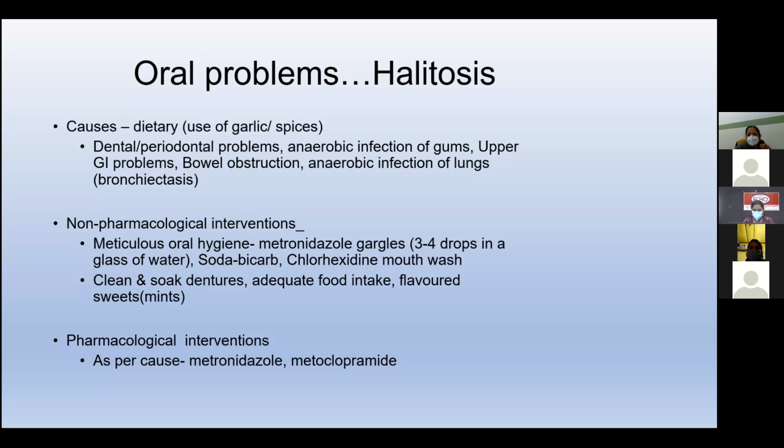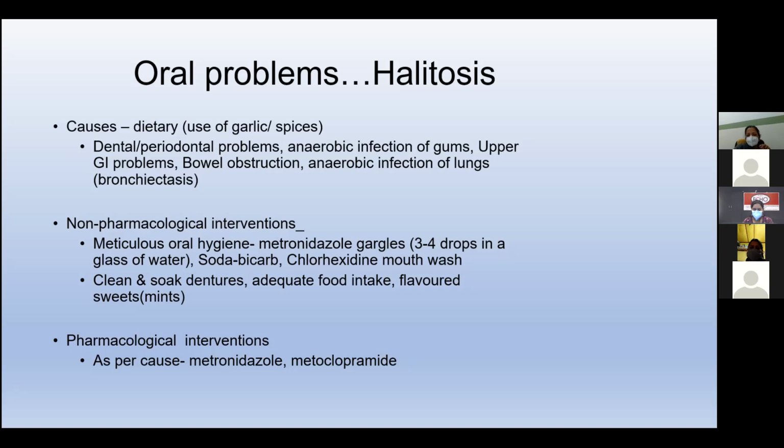Or if there is any lung infection. So identifying the cause is very essential because our care will go accordingly.